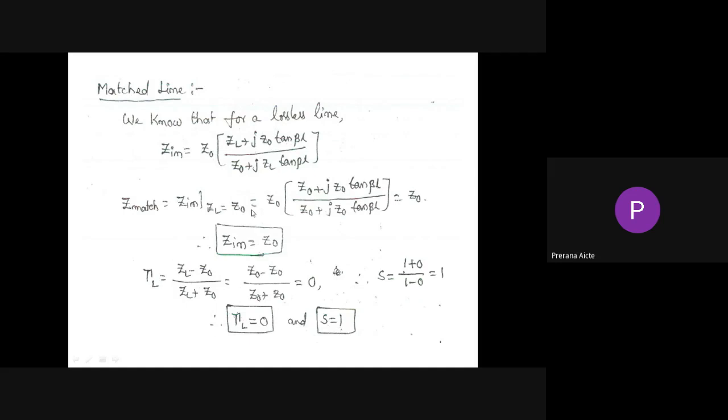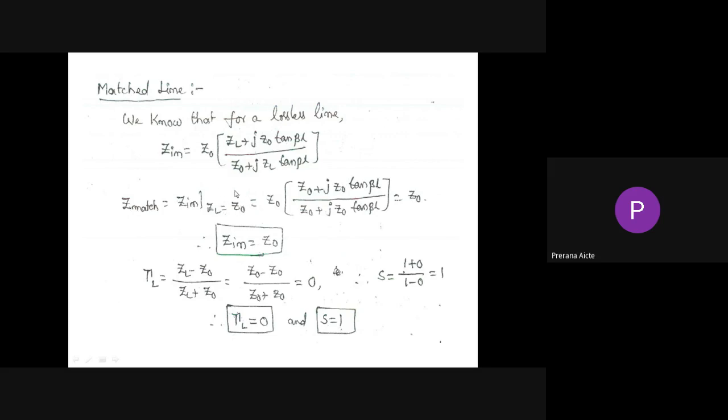For an open circuit transmission line, Z of L is equal to infinity. For a short circuit transmission line, Z of L is equal to 0. For a matched line, the load impedance is equal to the characteristic impedance, that is Z of L is equal to Z naught.